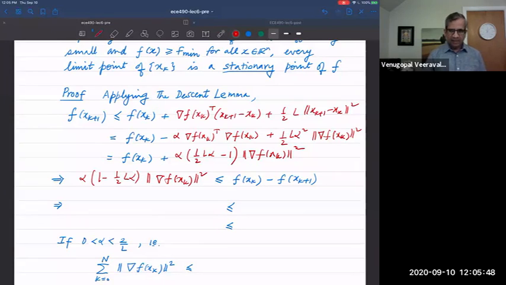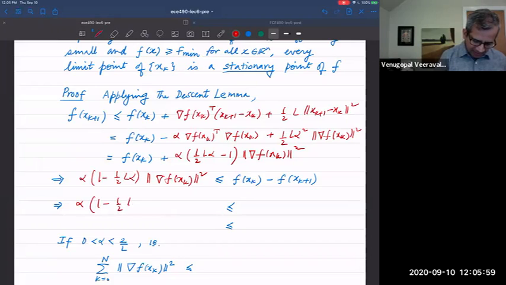Okay, if I do that, now I'm going to take the sum of these quantities on the left-hand side, from say k equal to 0 to some n.